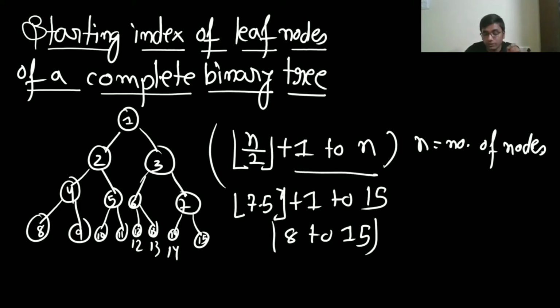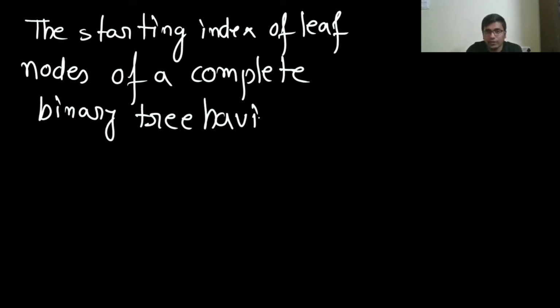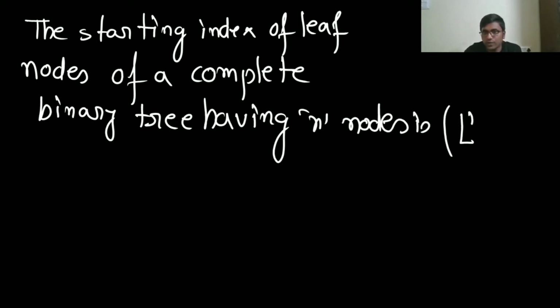You write this down: the starting index of the leaf nodes of a complete binary tree having n nodes is floor of n by 2 plus 1 to n.